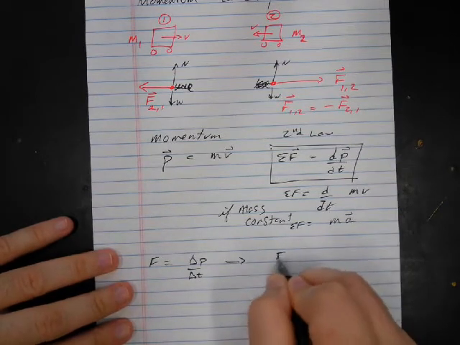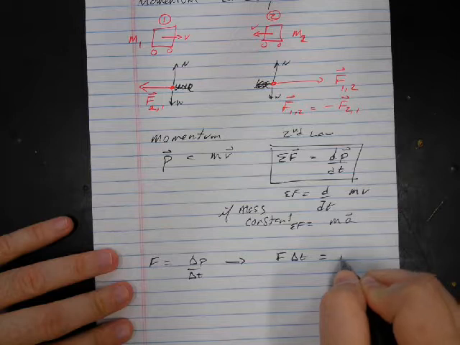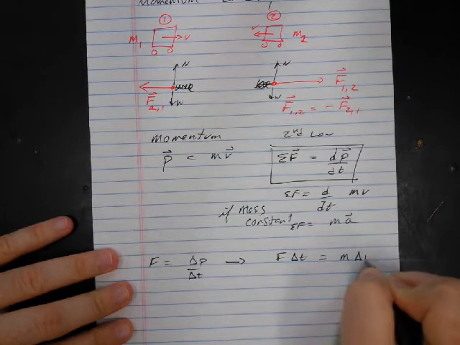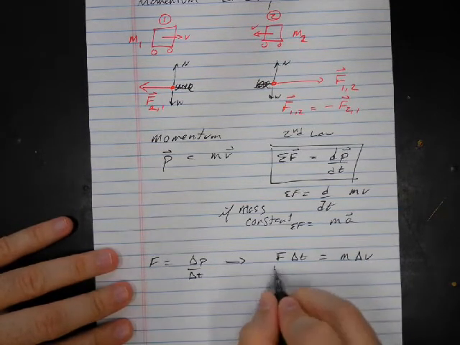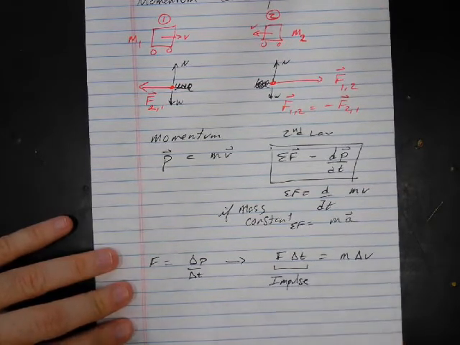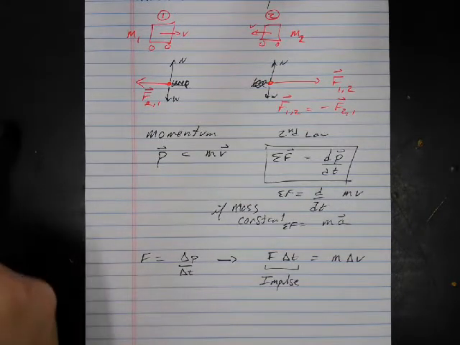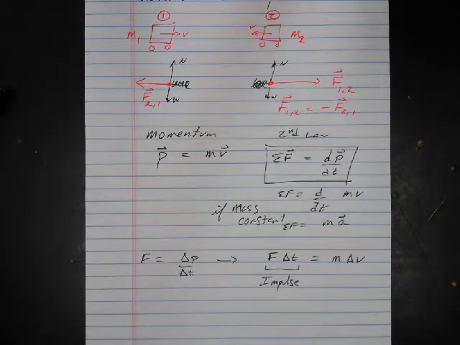That lets us write F delta t is essentially m delta v. So this side is your impulse. That is basically how long is the force active for? Because that's something we haven't considered. We say that a force acts on something, we don't care how long it acts for.